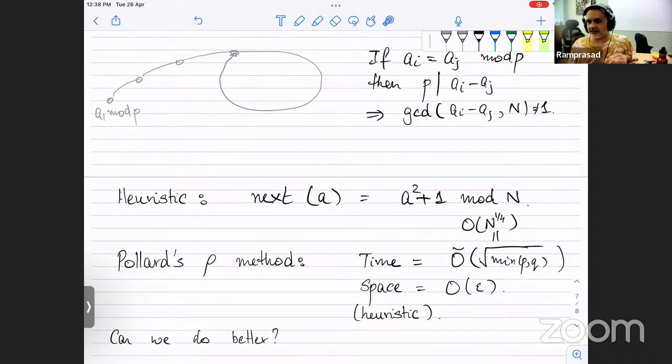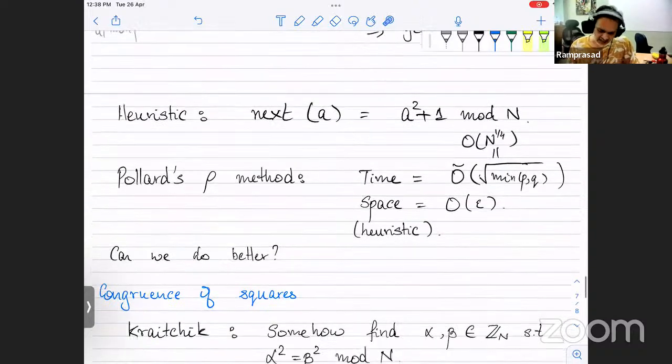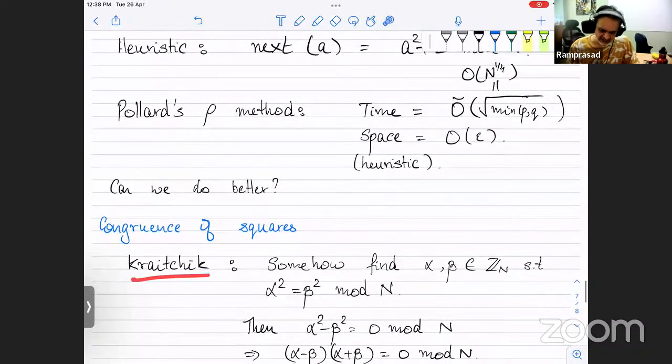It's based on the following trick, where we hope to find numbers of a certain type, and we will see how to find these numbers. This method is referred to as the congruence of squares method, and it dates back to Kraitchik in the 20s.